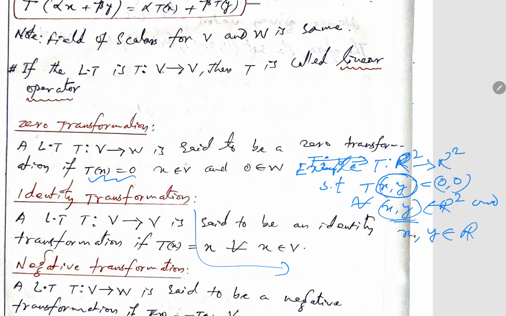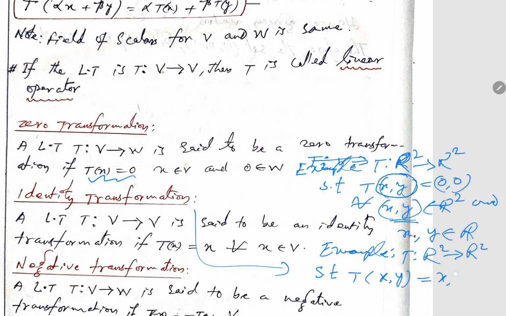Now, an example of the identity transformation. Here also we can simply write this. Define a transformation from, suppose, R2 to R2 such that T is defined by, suppose, (x, y).